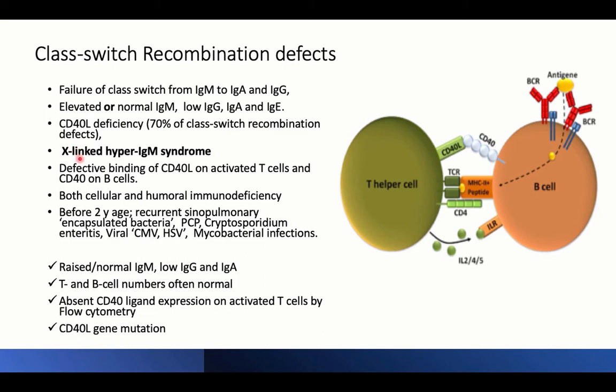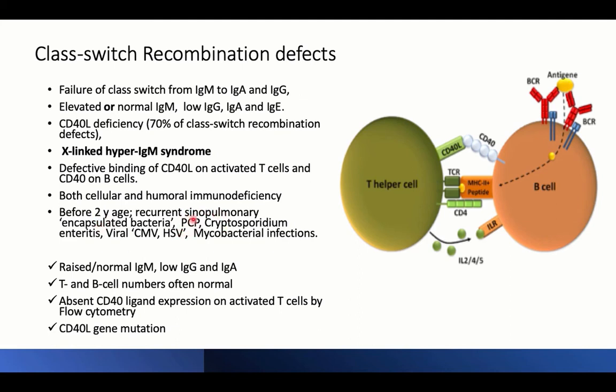This is an X-linked disease called hyper IgM syndrome, where we have defective binding of CD40 ligand on the activated T cell with CD40 on the B cells, so it presents with both cellular and humoral immune deficiency, before 2 years of age, in a male having recurrent sinopulmonary infections with encapsulated bacteria.